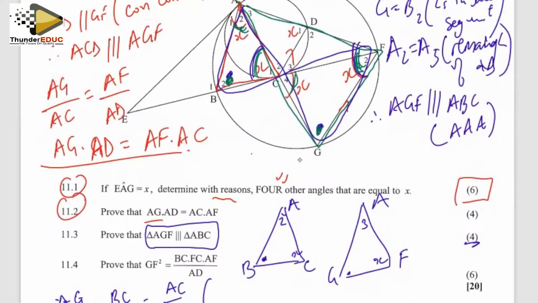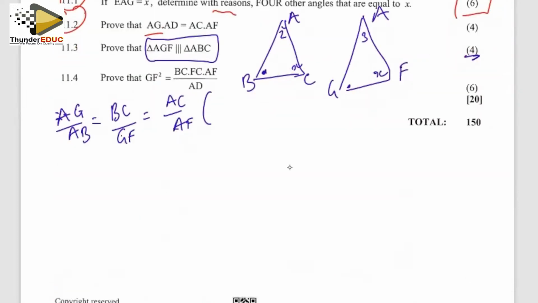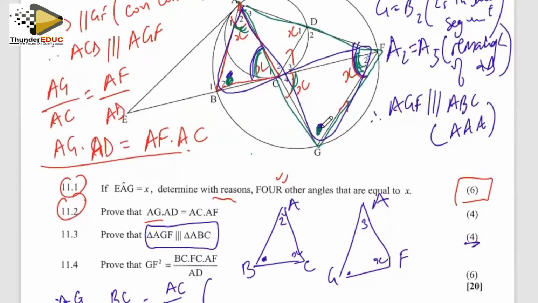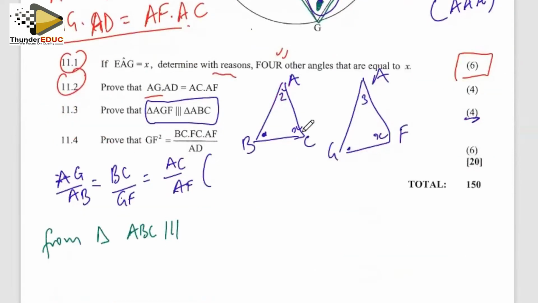So which means that if I consider that, I'll have my AC. Where's the AC? This is AC over the FC. So from triangle ABC, which is similar to triangle FCG, I'm having AC over FC is equal to AB over FG.